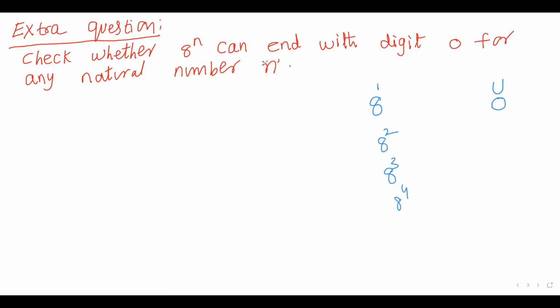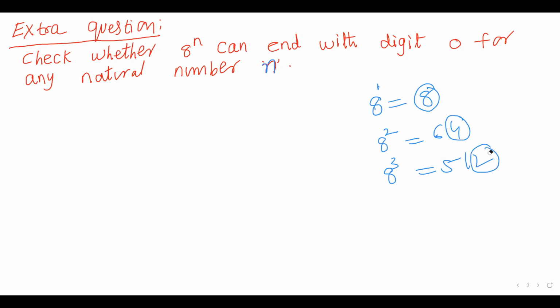If you put n as a natural number, will you get 0 in the units place or not? He is asking us to check. Let us just see: 8 power 1 is 8, 8 square is 64, 8 cube is 512. So I am not getting 0 in the units place. It is not ending with 0.